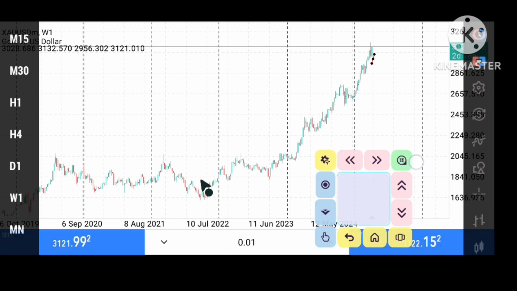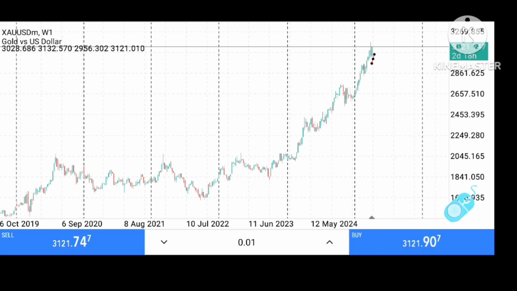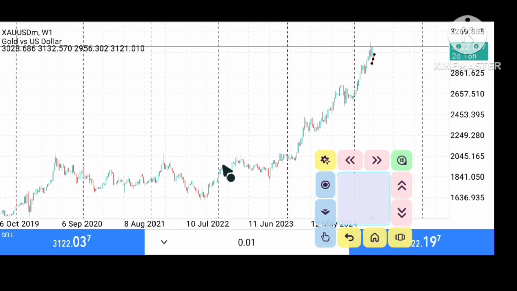You can see here higher highs, lower highs, higher highs, lower highs, higher highs, lower highs. You can basically see that the market has been trending in an upward direction.